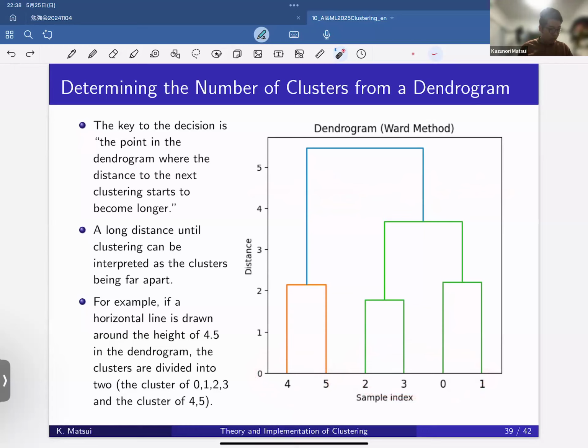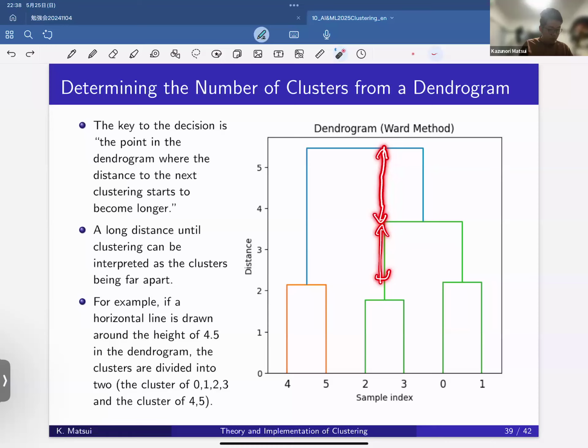In this case, the distance from having three clusters to becoming two clusters is long, so this part. Also, the distance from two clusters to becoming one cluster is also long.